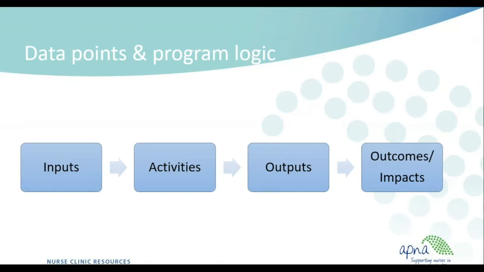Then you've got your outputs. So I've mentioned the number of patients seen, but what might be more interesting is what about the time between appointments? What number of things were done with each patient? Did you do more foot checks and eye checks and blood pressures and heights and weights and measures and things? So you can have a whole series of outputs that you can collect information on. But where you'll have the killer data is about the change that you've made. So what resulted from your activity?